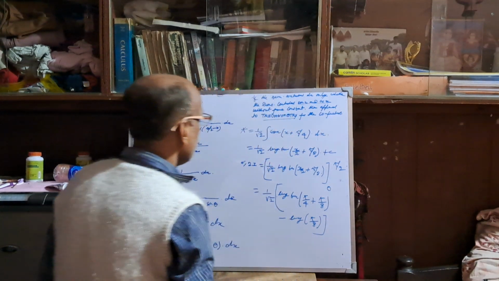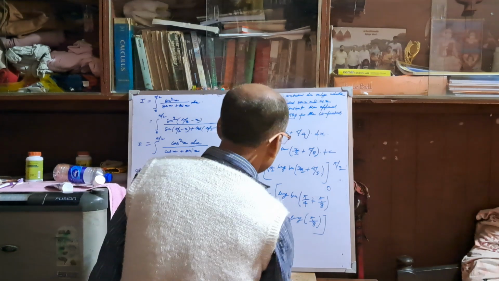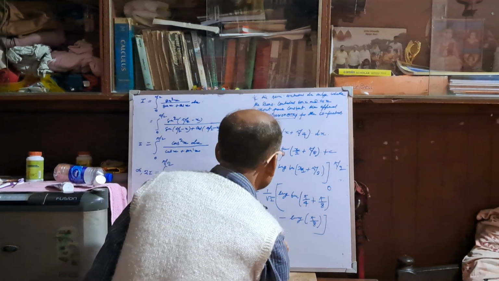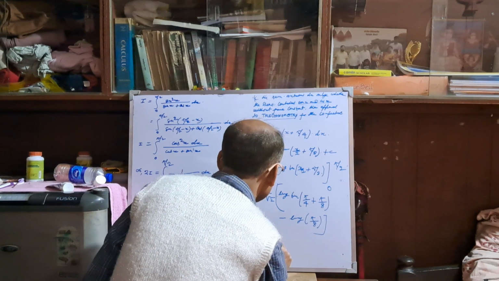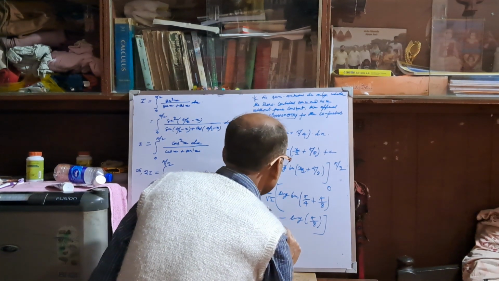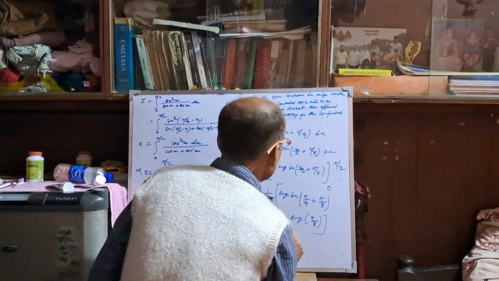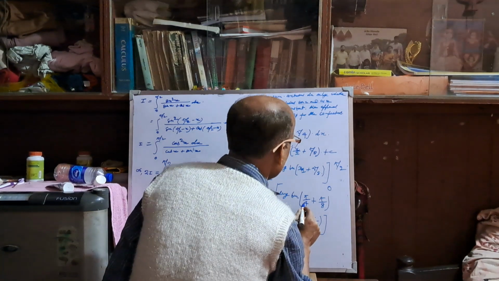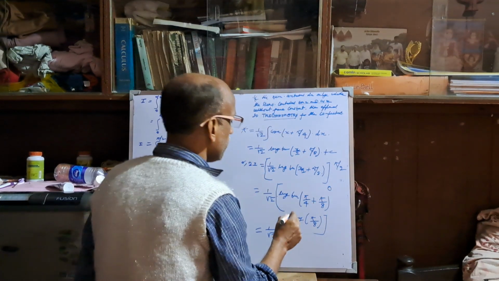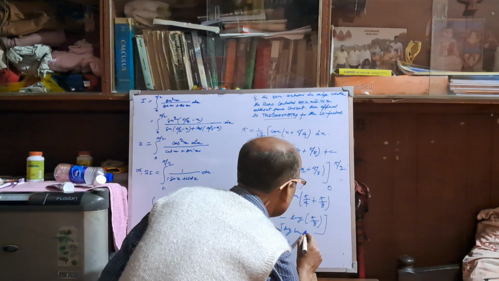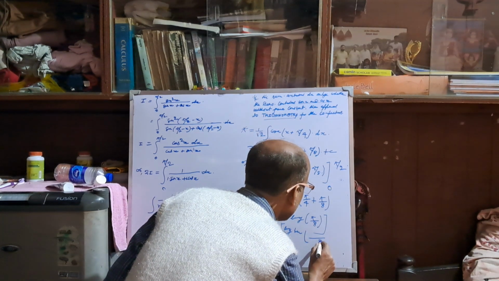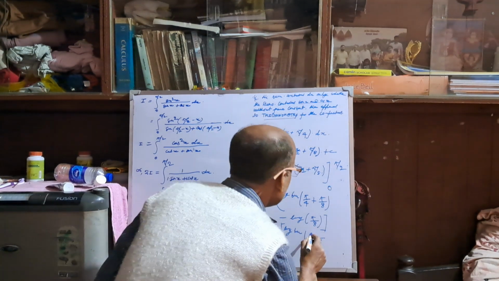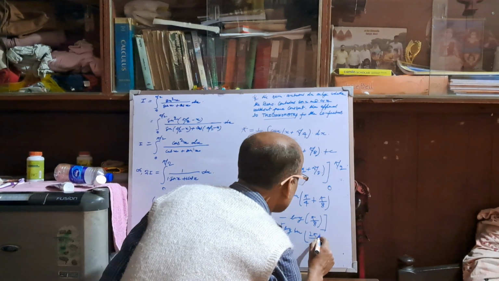Okay, so finally we have here 1 by root 2, log tan, and the LCM of 4 and 8 is 8 here, so this will be 8. Okay, this will be 8, and this will be 2 pi plus pi.